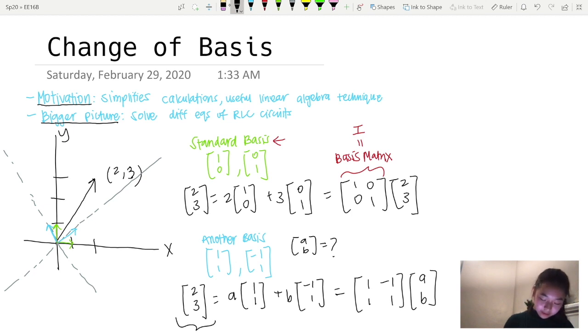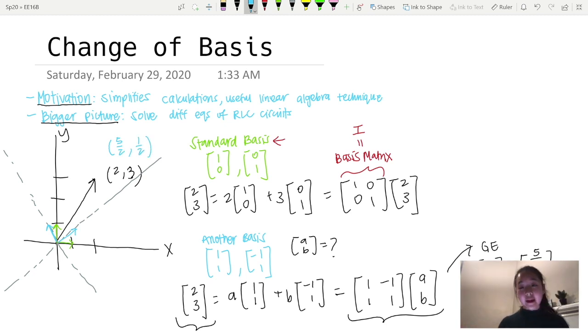Now, if we use these two endpoints, you can solve via Gaussian elimination and get the values of A and B. I'm going to skip that step, but the values you should get are 5/2 and 1/2. So in this other basis, the coordinates of this vector are actually 5/2 and 1/2. The same exact vector is being represented, but since you're looking at it from a different point of view, the coordinate values are different.